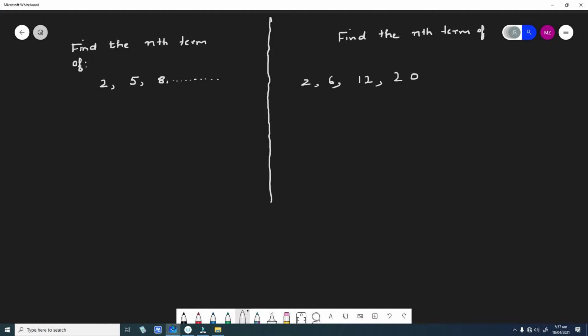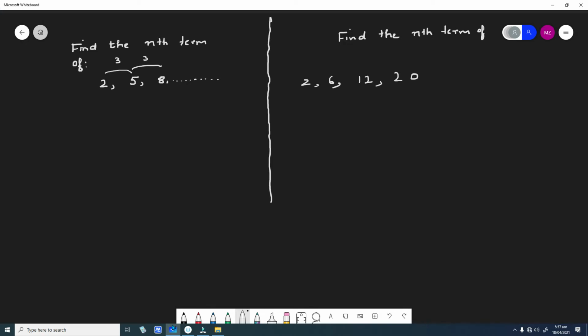One of the methods of finding the nth term is to find out what the common difference between the terms is. The common difference between these two terms is 3, and so on; the common difference remains the same. So that's why it's called the common difference. The difference is common between the terms.